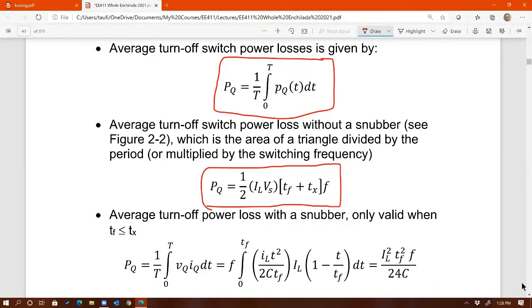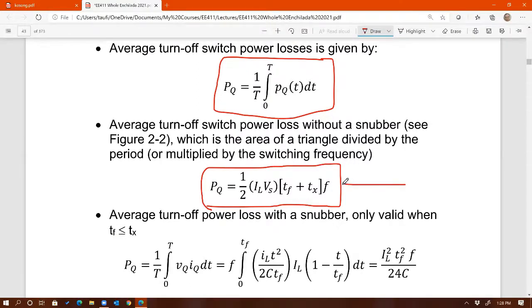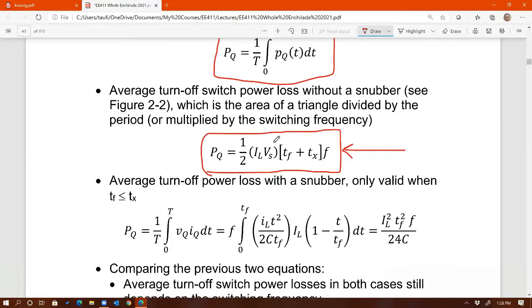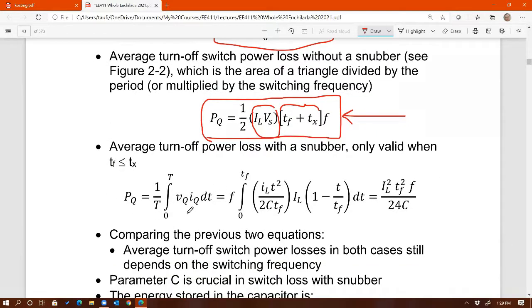It's just the area under the triangle multiplied by F. Any question on this one? That's before the snubber. The height is the product of current and voltage, and the base of the triangle is TF plus TX. After the snubber is no longer simple because we don't have a triangle anymore.